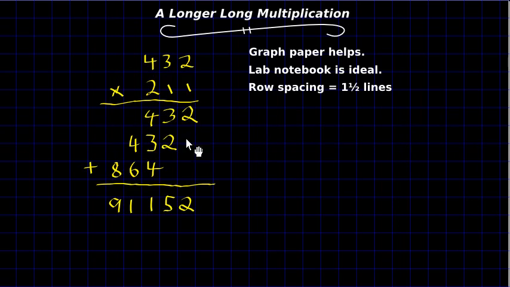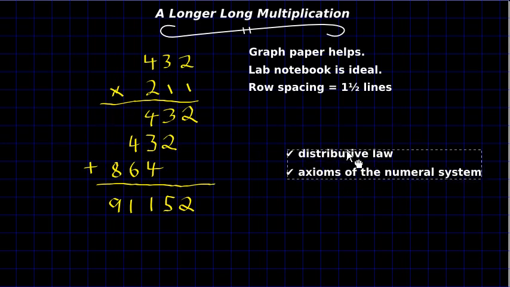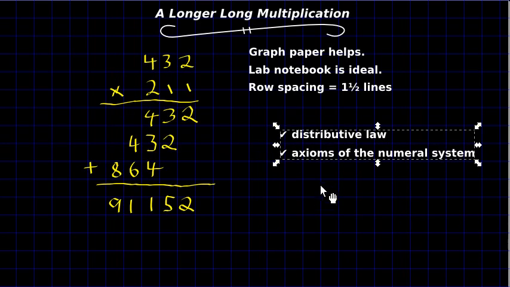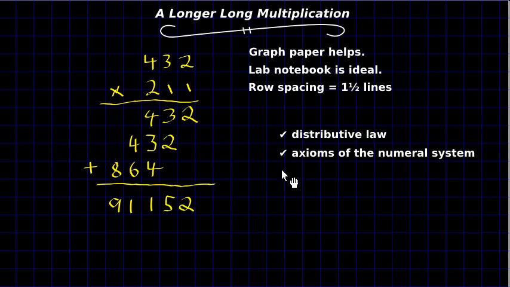So we did this problem once in terms of just the method. Pick this apart, do this, line up that. Well, it's all very mechanical. But I'd like to point out that everything we did here is well justified in terms of the distributive law and the axioms of the Hindu numeral system. So in particular, this is 432 times 1.